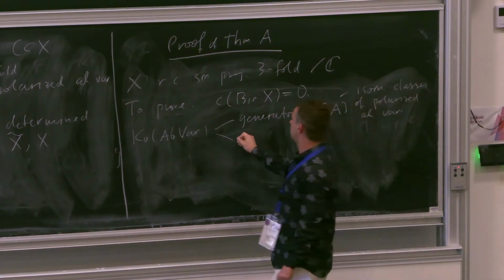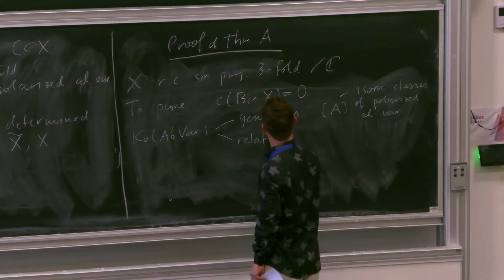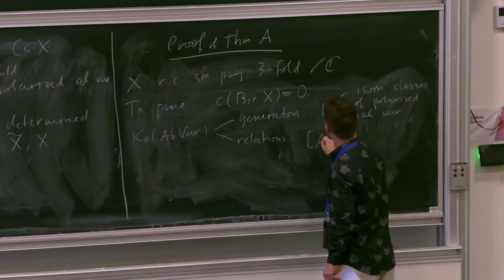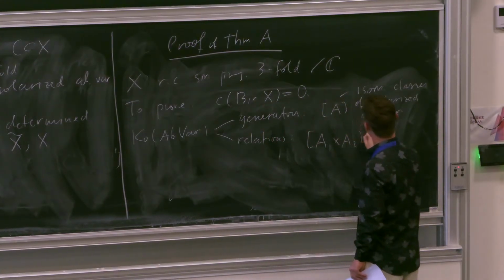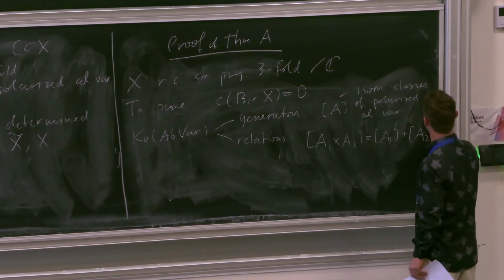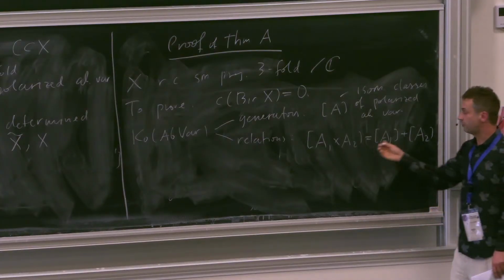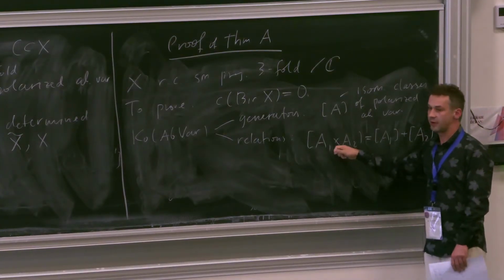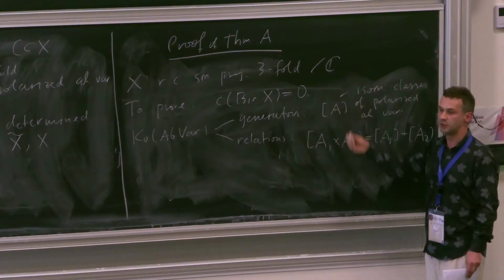And relations are decompositions. If I take A1 times A2, I declare it's the same as the sum of the two generators.